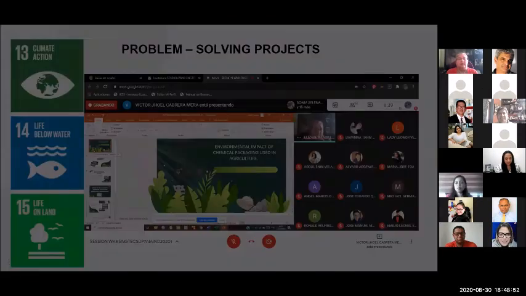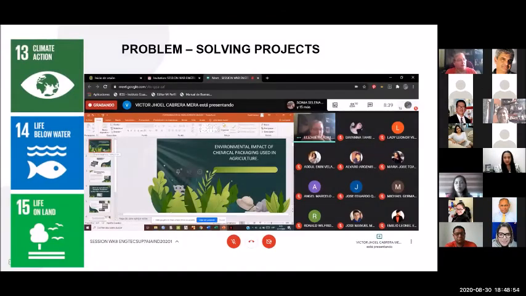There are some other activities that we could implement in the classroom. Paola talked a little bit about concept-based learning and how we can make it something more concrete in actions.